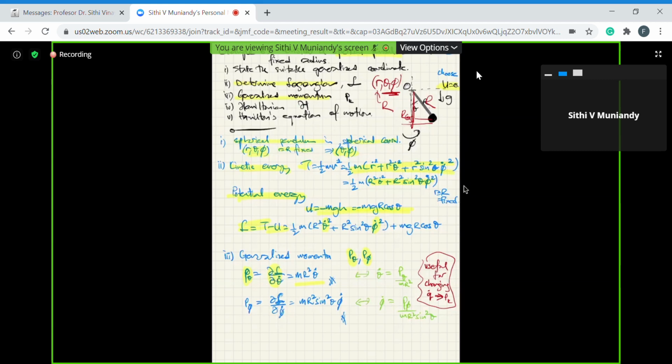The momentum for phi is based on this term, which depends on phi. These two terms: this one for theta and this one for phi.